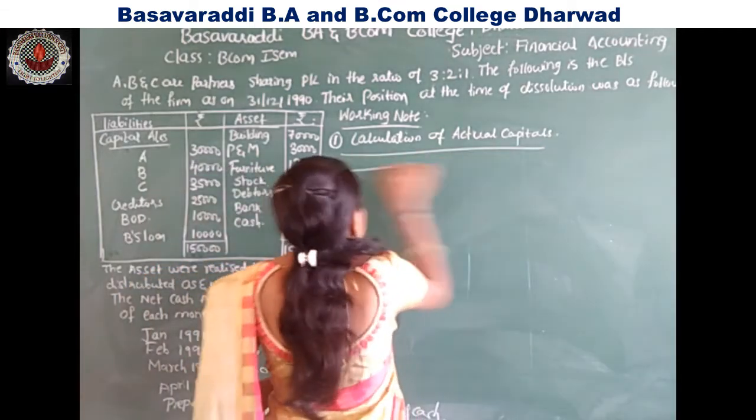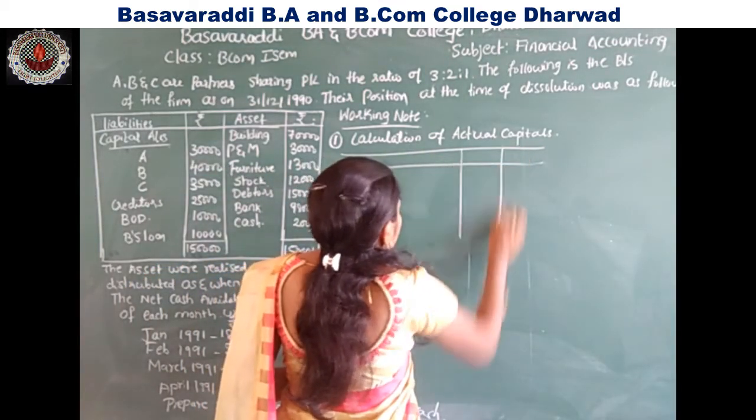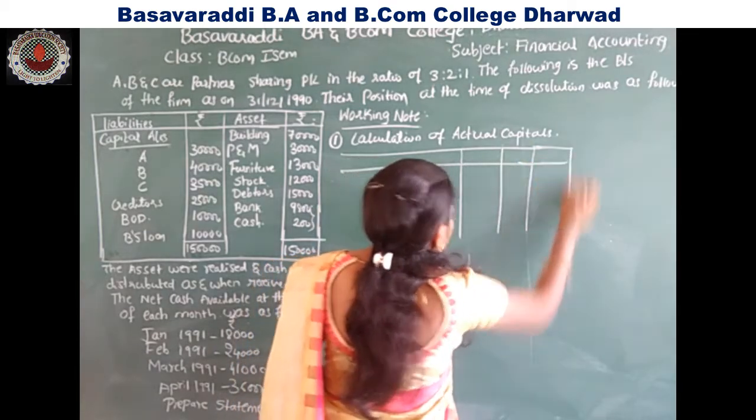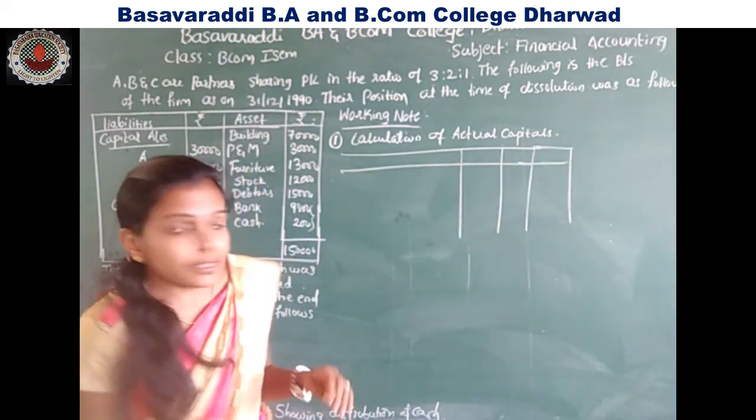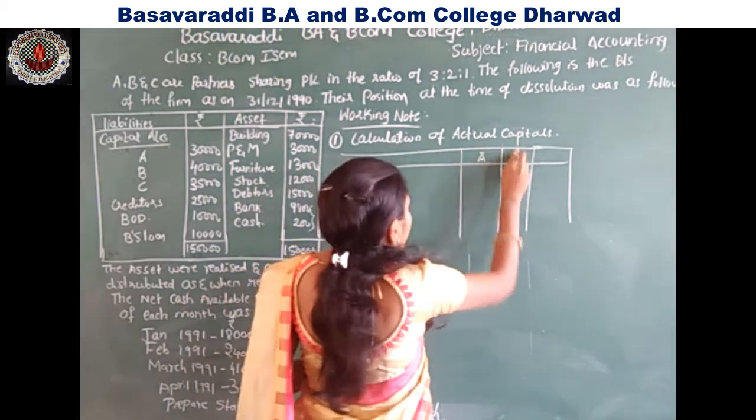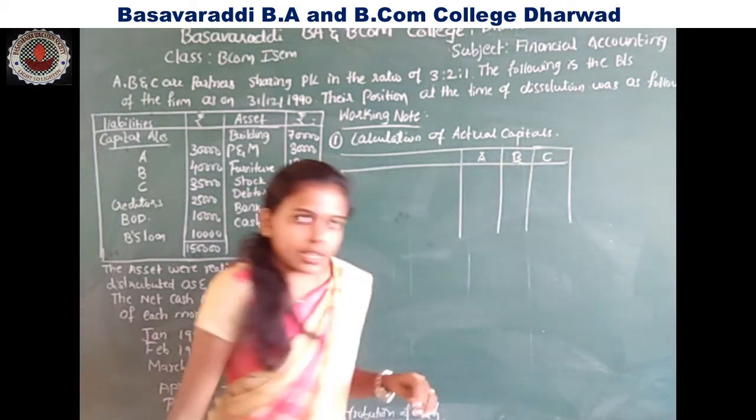There are a total of 3 partners, A, B, C.